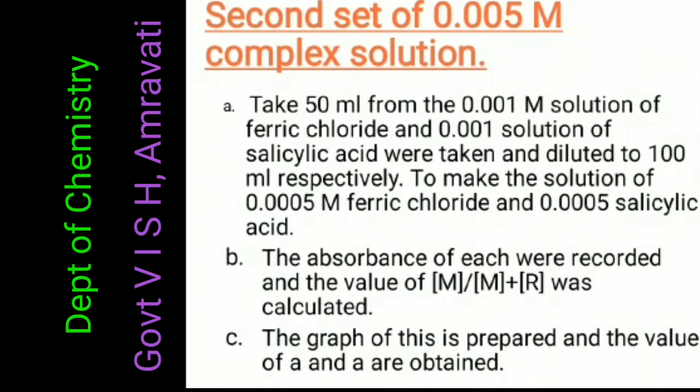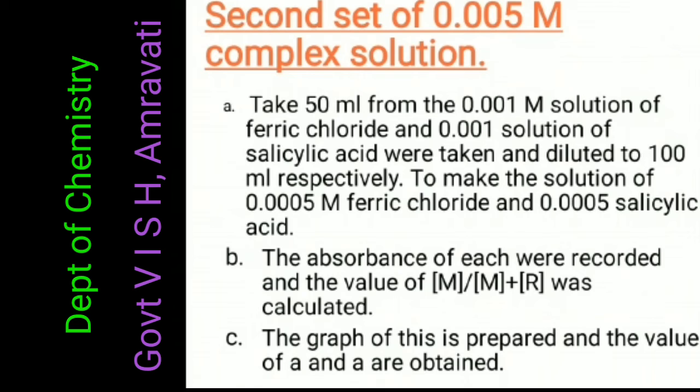Now the second set. You have seen what to do in the first one. Now this is the second set of 0.0005 normal complex solution. First of all, take 50 ml from the 0.001 solution of ferric chloride and the 0.001 solution of salicylic acid, and dilute each to 100 milliliters, to make the solution of 0.0005 normal ferric chloride and salicylic acid.